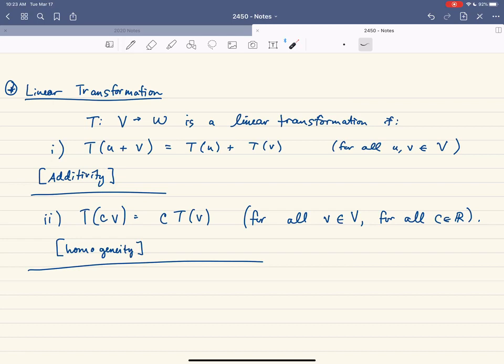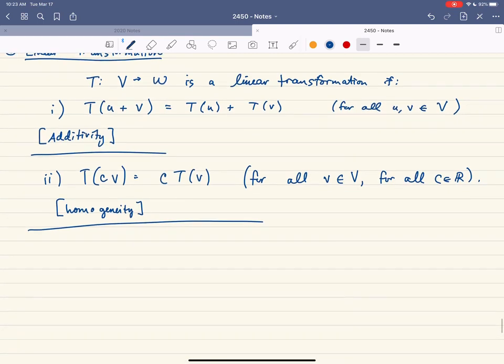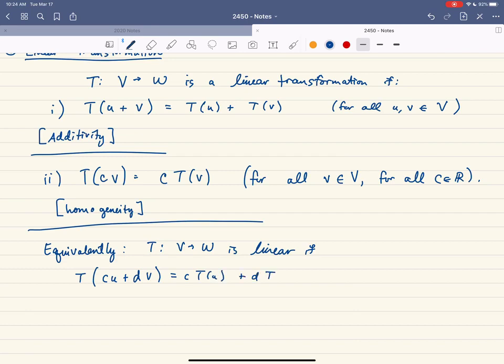Okay, that's the big definition. So what I want to do is look at a few vector transformations and determine whether or not they're linear. Before I do that, I just want to add one other equivalent definition. If I combine both of these properties of additivity and homogeneity, equivalently T going from V to W is a linear transformation if T of cu plus dv is c T of u plus d T of v.